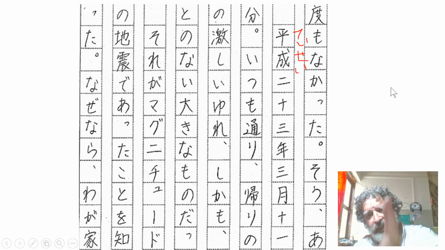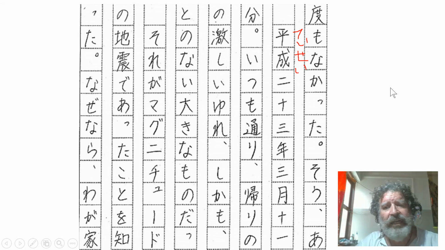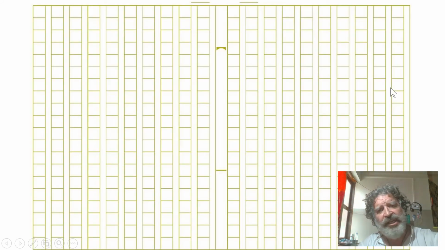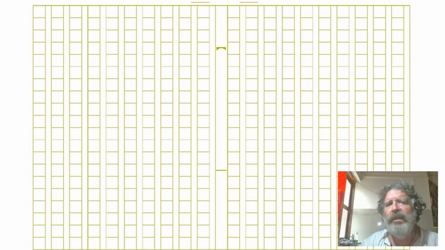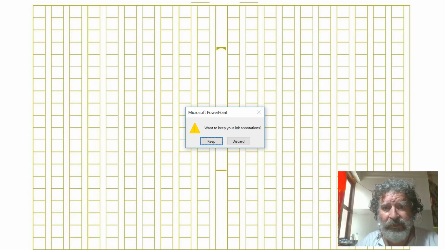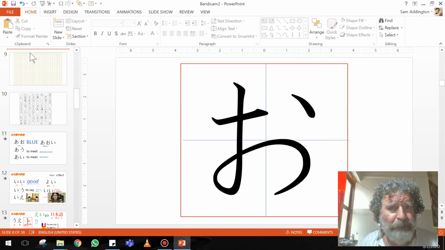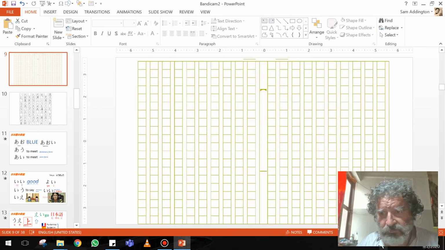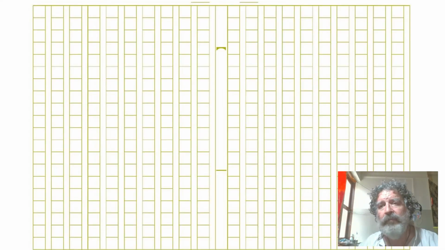Anyway, you can write, it's called furigana. So that's why this genshi yoshi, I can't remember, this piece of paper that is used. You can see it traditionally written from the top right downward like this.